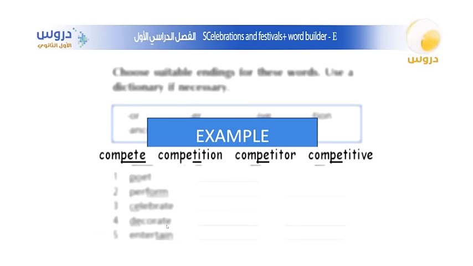And notice here the T-I-O-N, that's the noun from this verb, compete, competition, T-I-O-N. Competitor, O-R. Competitor, that's also a noun, the one who does competition. Competitive, I-V-E. Did you notice these endings?